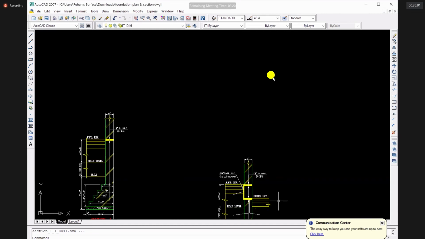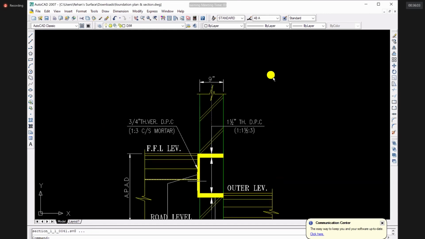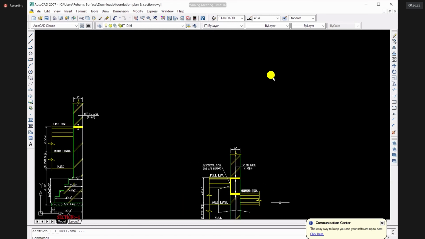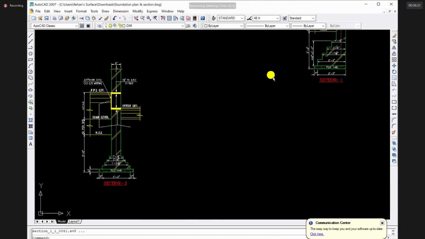By the way, you can also do PCC using smaller size aggregate. You must have heard about zero size chips, zero size marble chips, or zero size aggregates that are used in PCC, and that can be used in the vertical damp proof course, right?